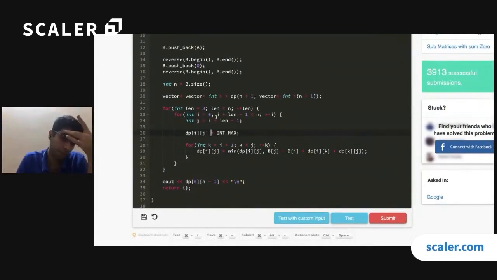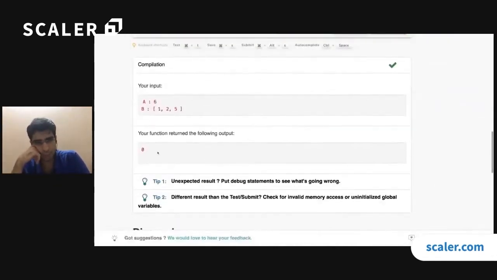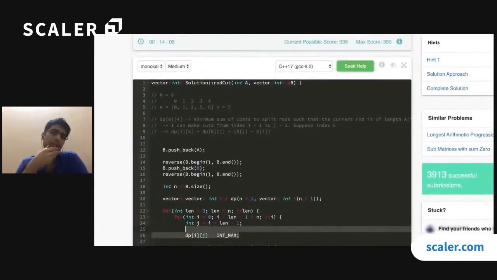dp[i][j] is equal to int max and length is equal to 3. dp[i] will be 0, yes. So i plus length minus 1 should be less than n, so that is fine. Is b[j] minus b[i], min of dp[i][j], which is initially int max, comma b[j] minus b[i] plus dp[i][k] plus dp[k][j]. Okay, so I should be returning the correct answer, right?